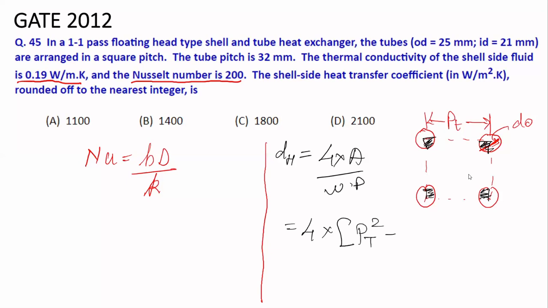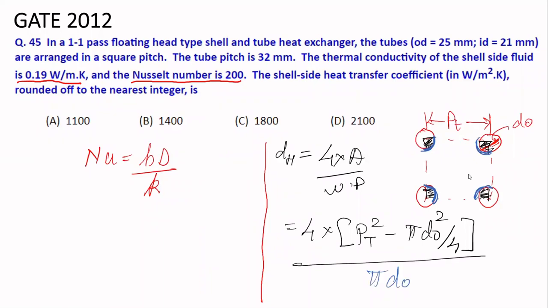That will be 1/4 of a tube from each tube, which means one whole tube, so that will be pi d naught square by 4, divided by the wetted perimeter. Let me change the ink color. One fourth of the perimeter from each tube, so a complete perimeter of the tube.